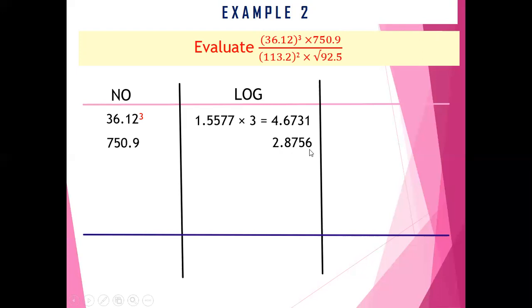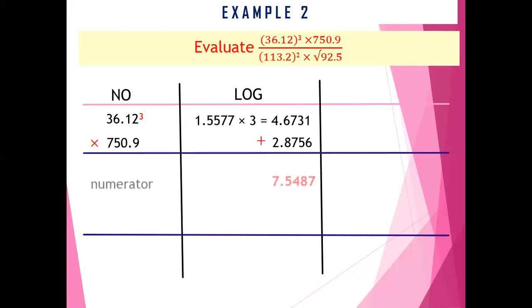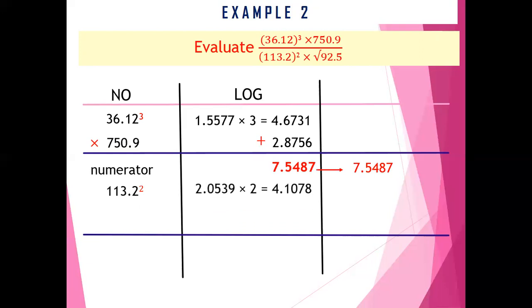So multiplication changes to addition once again, and we have 7.5487, which we take as our numerator to the third column. Now let's go to the denominator. 113.20 squared, if you check that in standard form, it will be 1.132 times 10 raised to the power 2.